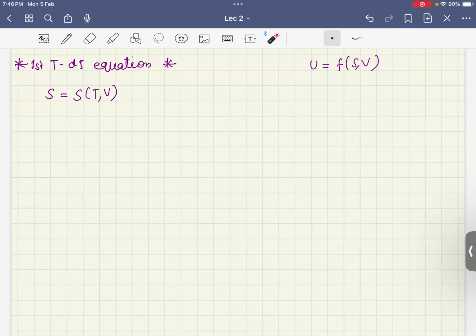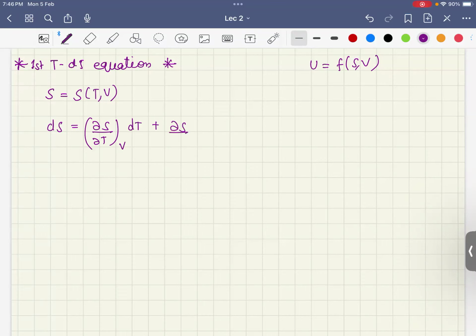I cannot compute entropy. But if I can express this entropy in terms of these known variables, then it is good for me. So now how will I write? dS is nothing but (∂S/∂T) at constant V multiplied by dT plus (∂S/∂V) at constant T into dV.